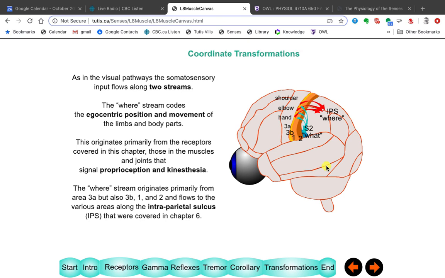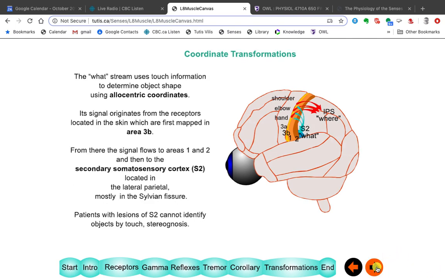You have to know the positions of your fingers relative to this mouse. So it helps you figure out what the shape of the mouse is. So that's why it's called the what stream. You need that signal to help it. And it works in allocentric coordinates.